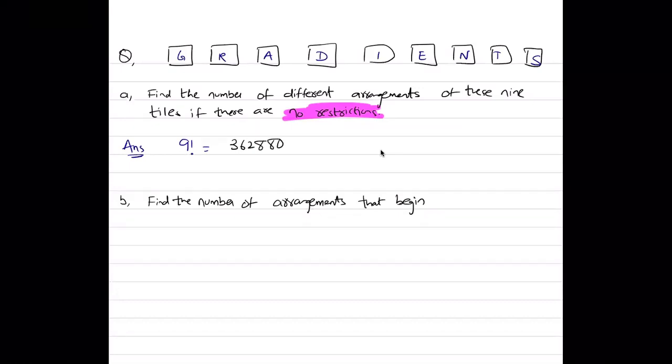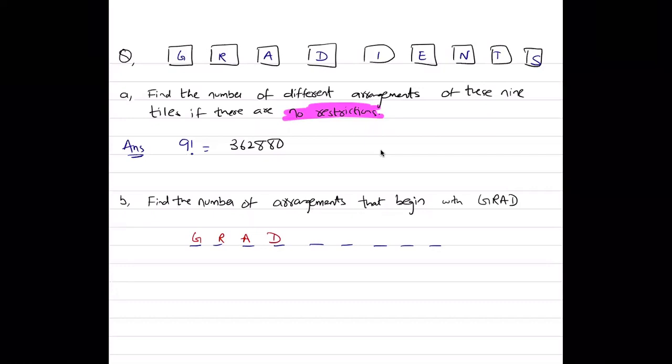Okay, the second part says find the number of arrangements that begin with GRAD, meaning out of the nine tiles, the first four tiles should spell GRAD, and then the remaining tiles could be arranged freely.